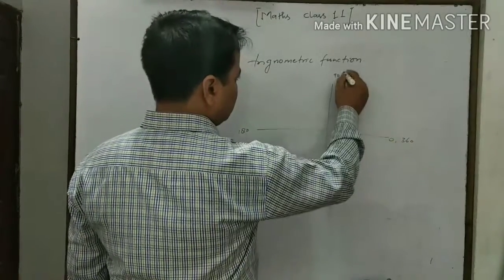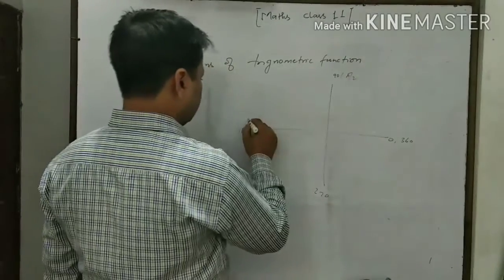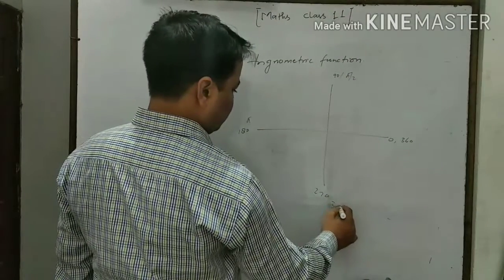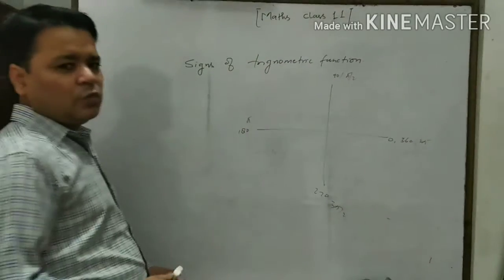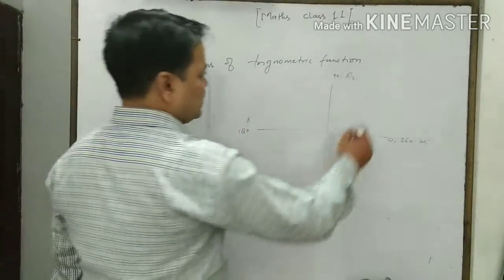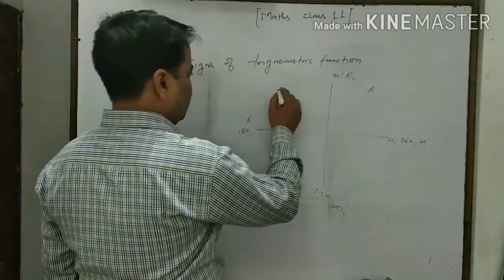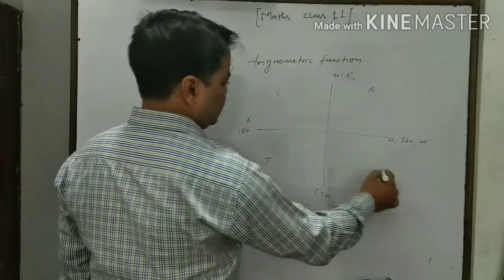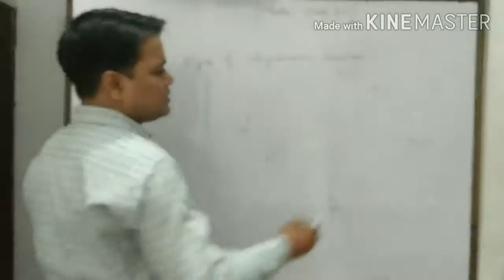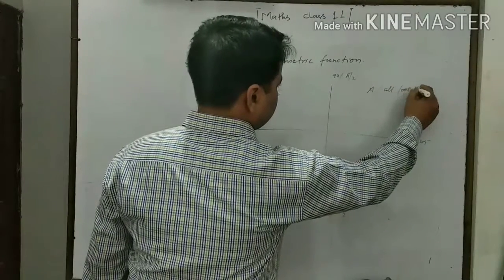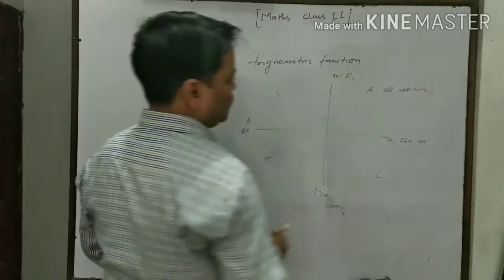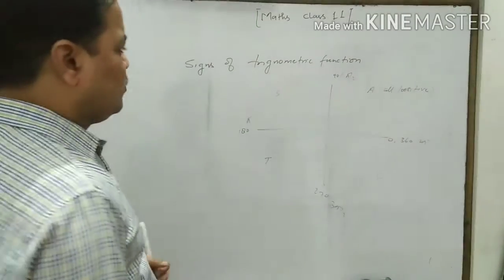And we can have 0, pi by 2, pi, 3 pi by 2, and here 2 pi. Okay, here I am writing symbol A, S, T, C. A means all positive. A means all positive.